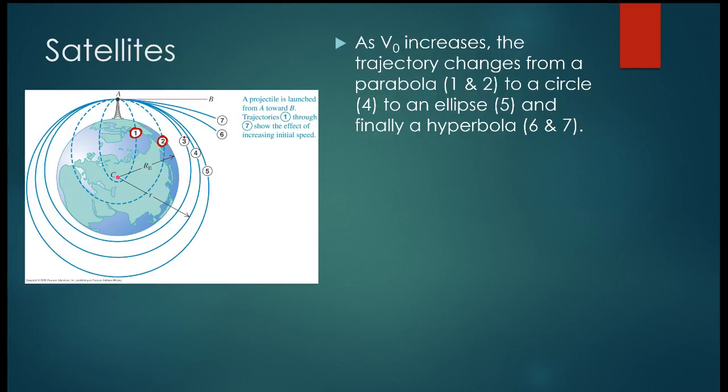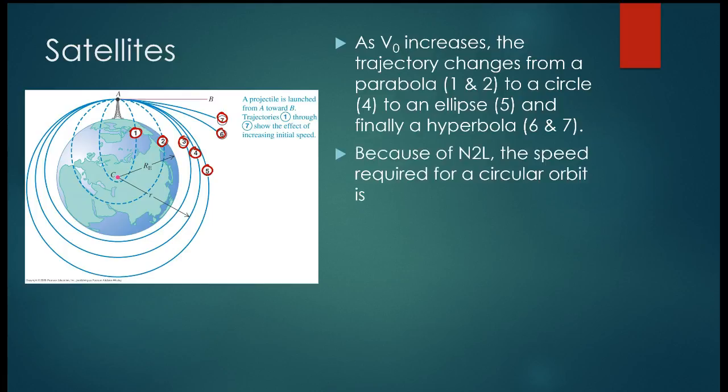Then it's going to turn into a circle at 3. Finally, and whoops, 3 is also kind of an ellipse, but a circle is definitely a 4. Then we have an ellipse at 5, and then if we go fast enough, we get a hyperbola.